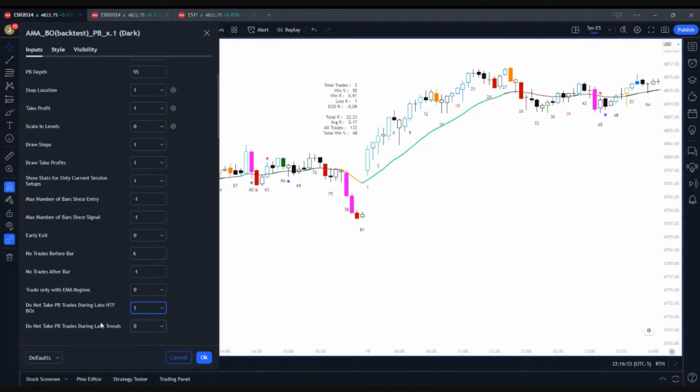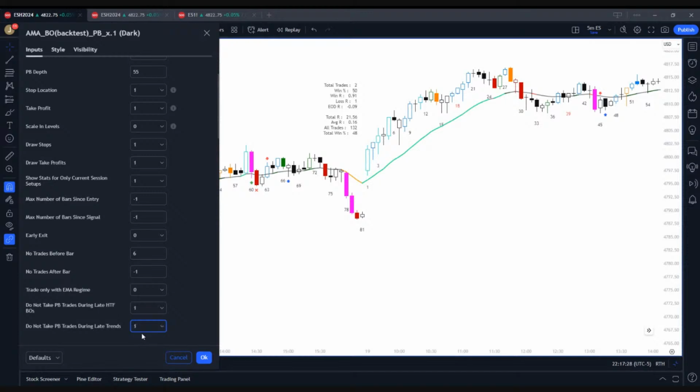So this is a filter that does not take trades in late high time frame breakouts. And so what does that mean? That means that when you have more than 6 trending lows or highs, so bear highs or bull lows without any lower lows or higher highs. Typically, those are breakouts on higher time frames, and so this filter just doesn't enter if the breakout occurs in those late conditions.